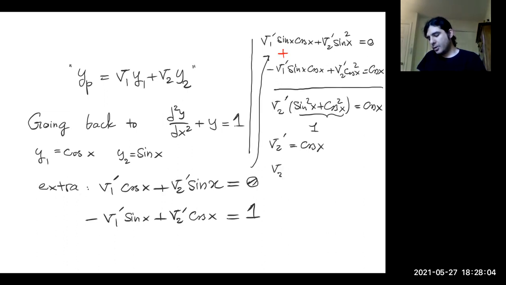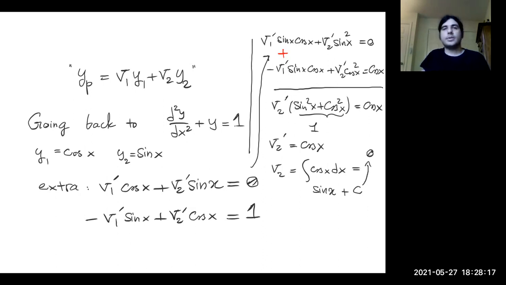So v2 would be the integral of cosine of x dx, which is just sine of x plus a constant. I can take this constant to be 0 because I'm looking for one particular solution, not all solutions. So v2 is equal to sine of x. Now I can plug that into this equation to find v1.